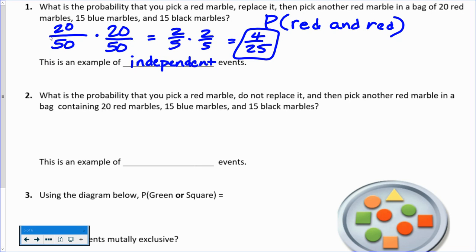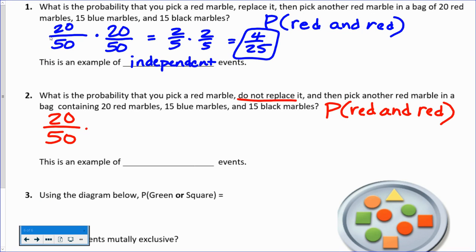Number 2, similar situation, but the thing that you need to pay attention to is you are not going to replace that marble. So I'm having you find the same probability, red and then red. So I got 20 out of 50. I'm going to still multiply the probabilities, but I didn't put that red marble back.